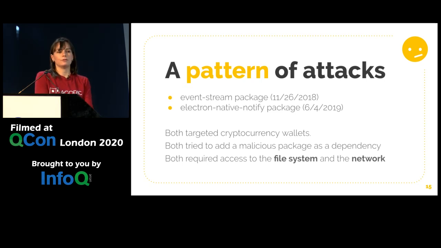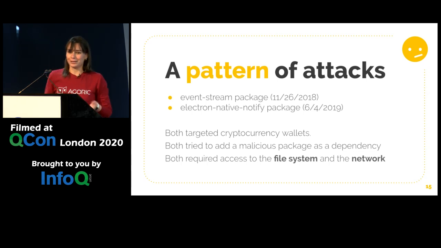You might have heard of the event-stream incident that happened in 2018. What happened was there was this open source package maintainer, Dominic Tarr, who had over 100 open source packages that he was responsible for. A volunteer came up to him and said, you know what, I'll take care of the event-stream package. Let me take it off your hands. And Dominic Tarr was like, okay, that sounds great, right? Someone's going to be doing the work that I've been doing.